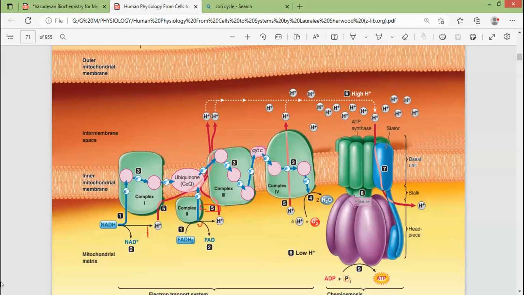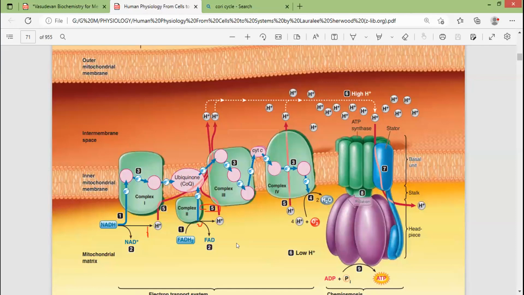Then FADH2 comes from the TCA cycle, which has just happened in the mitochondria. It hasn't traveled far. It gives its electrons to complex 2, and then it goes on its own way. And those ones say we have done our job.